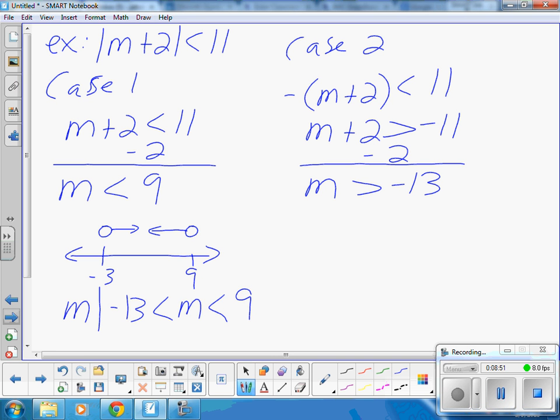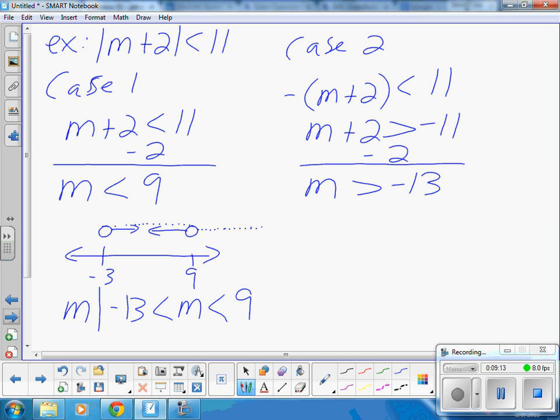If I put a 10 inside of my absolute value, 10 plus 2 is 12. Absolute value of 12 is not less than 11. That is why I cannot include the part from this arrow here. I can't go past the 9.